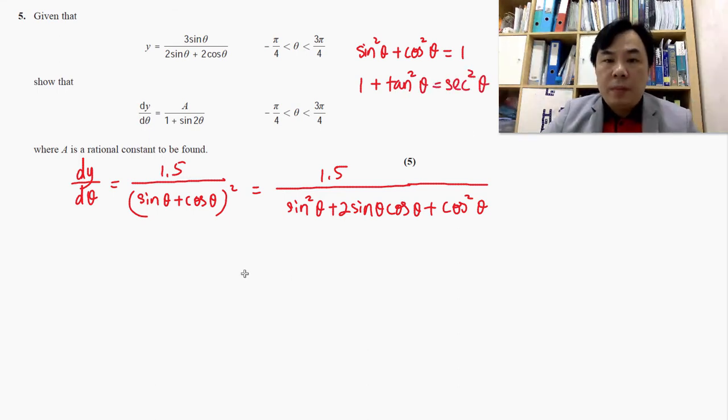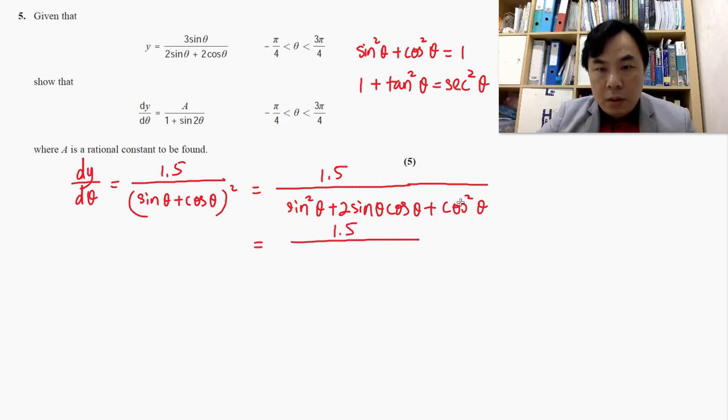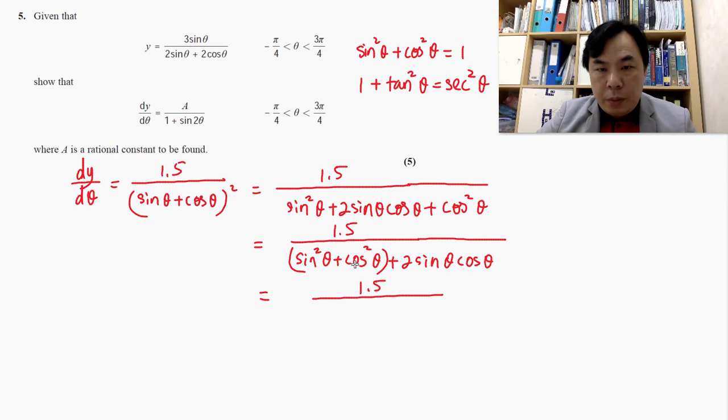So from here, we can group the sine square and cos square together. You find that this is pretty much a 1 from this identity. As you can see, we are almost there.